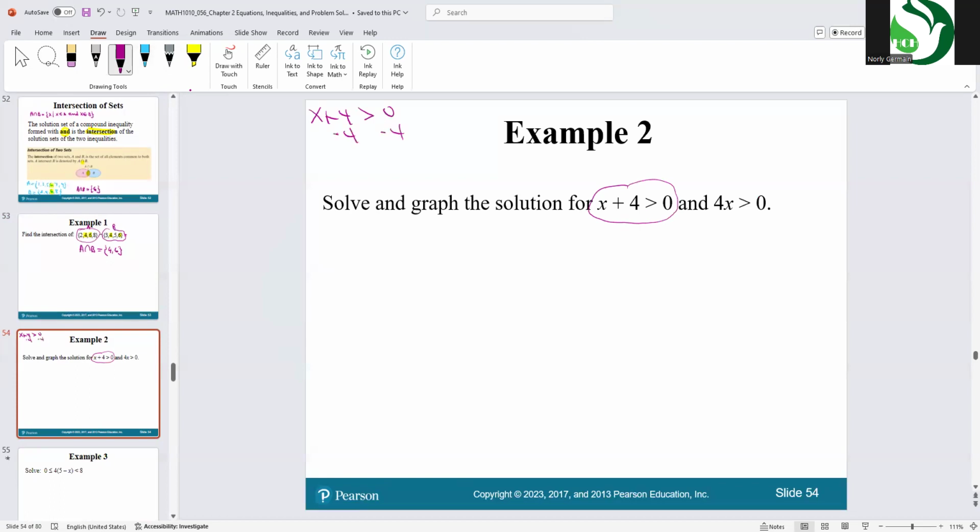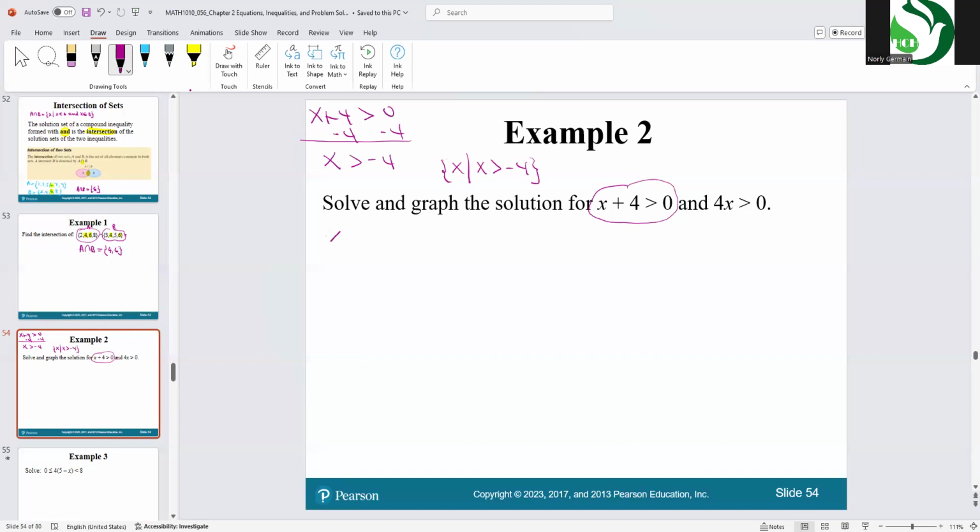The solution is x greater than negative 4. In set builder notation, we can say x such that x is greater than negative 4.